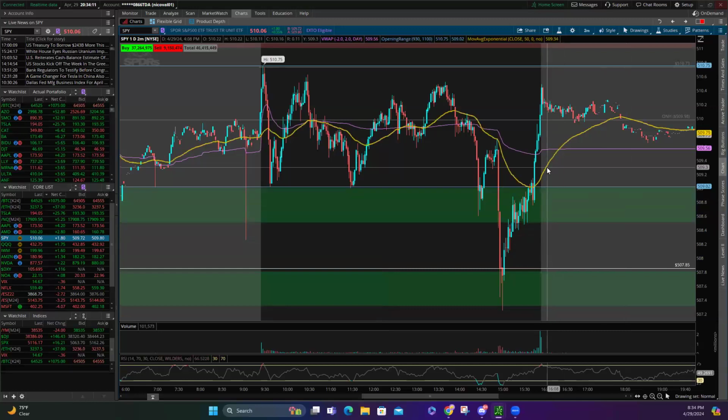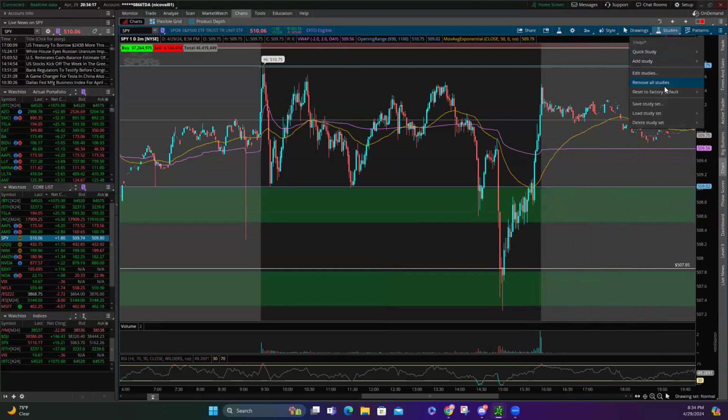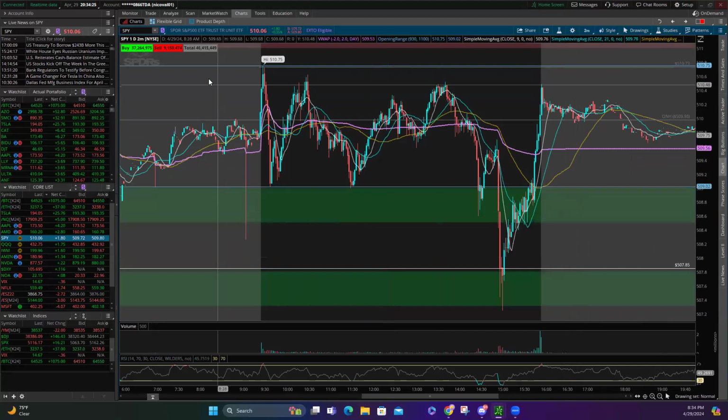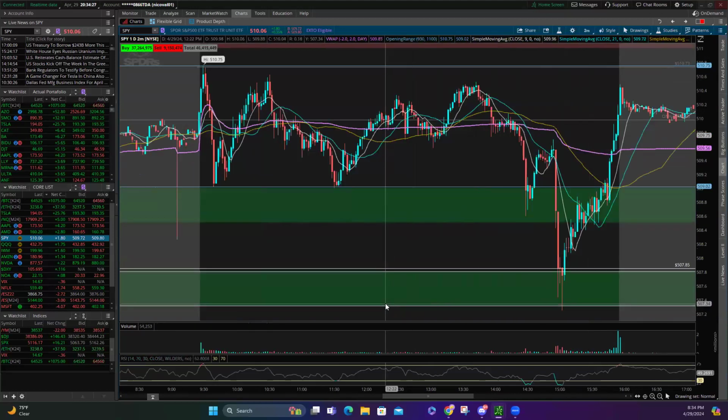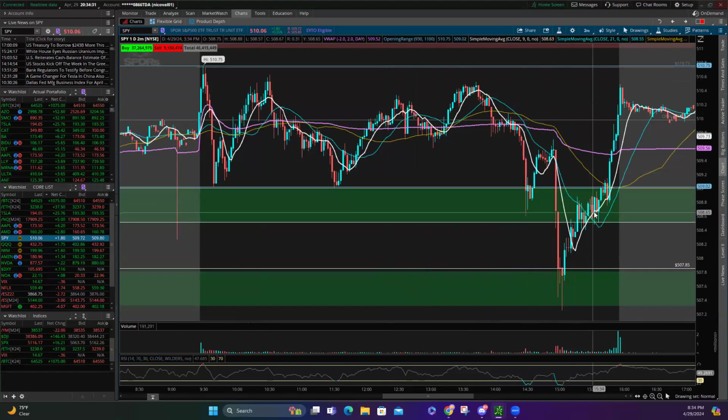Some people like to use the 50 with the VWAP, or as I said, I have a study here that uses the normal array of 9, 21, and 50 with VWAP, and it will look something like this. But sometimes you get really confused as to which one you want to trade.